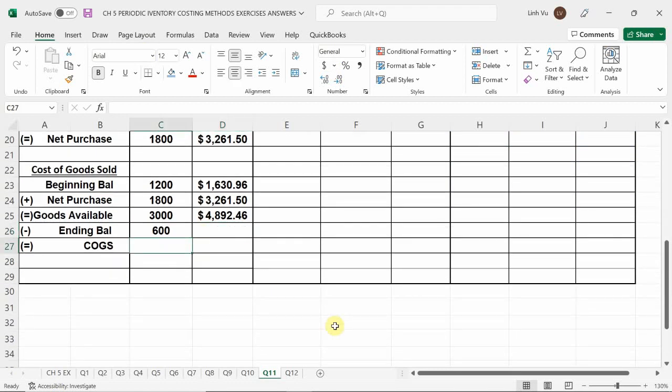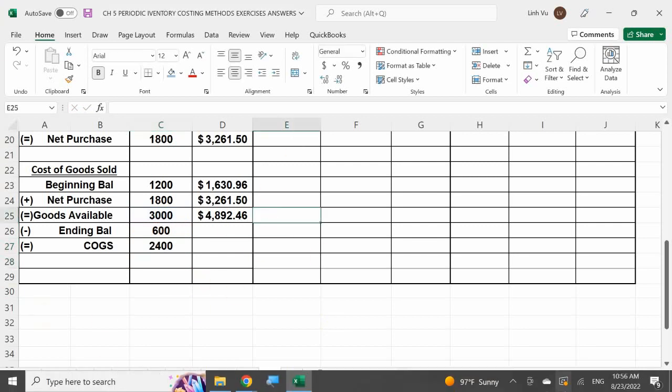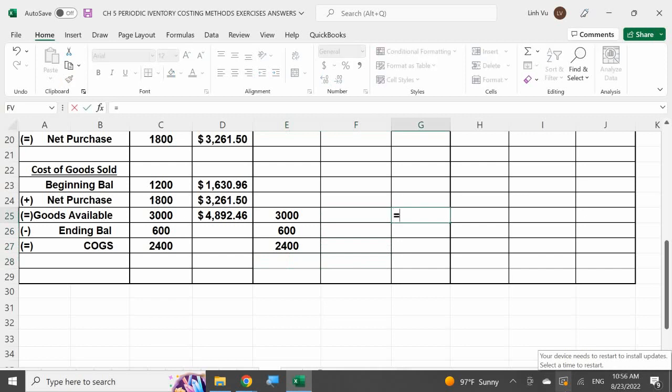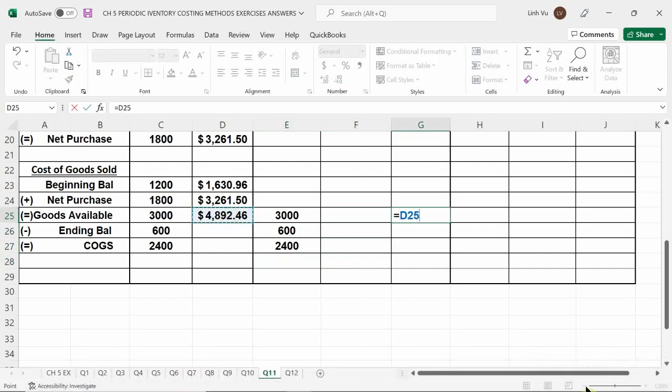Okay, so let's go ahead and first solve for what your total cost of goods sold is. If you had 3,000 units and you only have 600 left, your assumption is you must have sold a grand total of 2,400. So in this case, this is where I can go ahead and calculate everything that I need to calculate, right? The first number that I need to calculate is going to be my average cost per item.